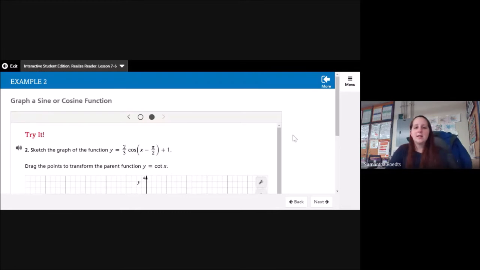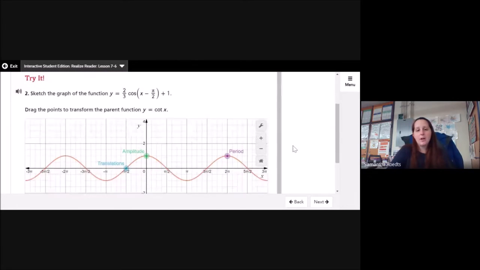All right, so let's try it. Sketch the graph of the function y equals 2/3 cosine of x minus pi over 2 plus 1. The first thing I'm going to look at is what's right here in front of the x. There's nothing, so that means my period doesn't change. It's still 2 pi, because it's 2 pi divided by whatever is right in front of this x.